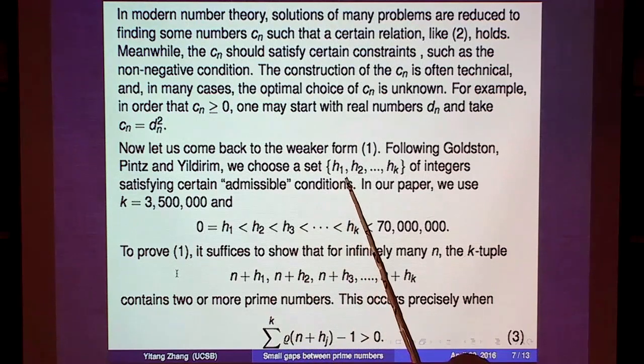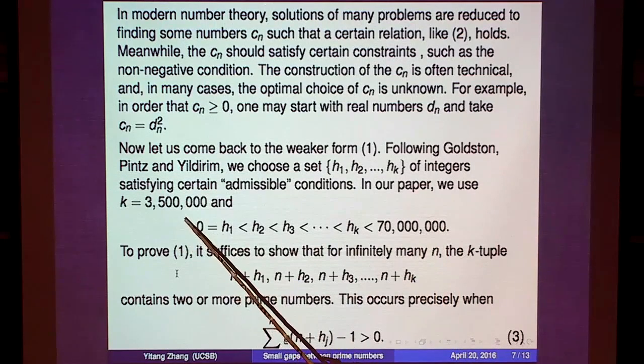We consider a set of integers satisfying certain admissible conditions. This is so technical, I'm not going to go into it. I follow their way, starting with a set of integers, but in my work I make my own admissible choice.